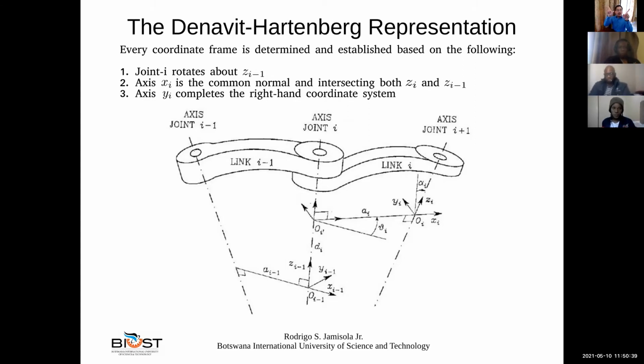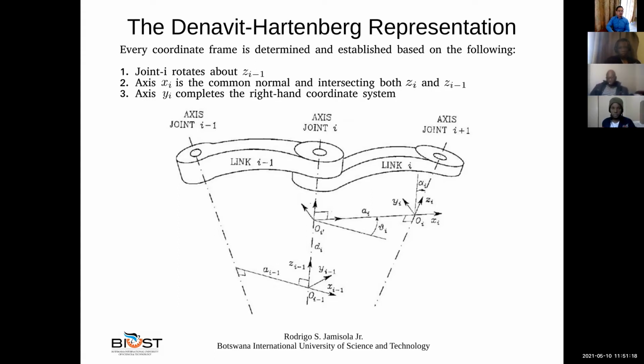And the frames are oriented in such a way that with just 4 transformations, 2 translations and 2 rotations, we can go from this frame to this other frame. With the convention of how the frame should be oriented, and the 4 basic transformations, 2 of position and 2 of orientation, we will know exactly the relationship between these 2 frames.